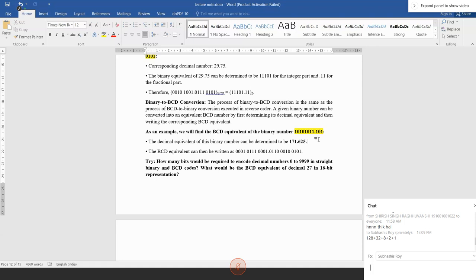That is also possible. But in normal cases, we take the decimal number system as a reference because we normally use the decimal number system in our daily life. So for that purpose, I have shown decimal conversion here. But if you take a hexadecimal number, then what you have to do is convert it to a decimal number, then convert it to BCD.